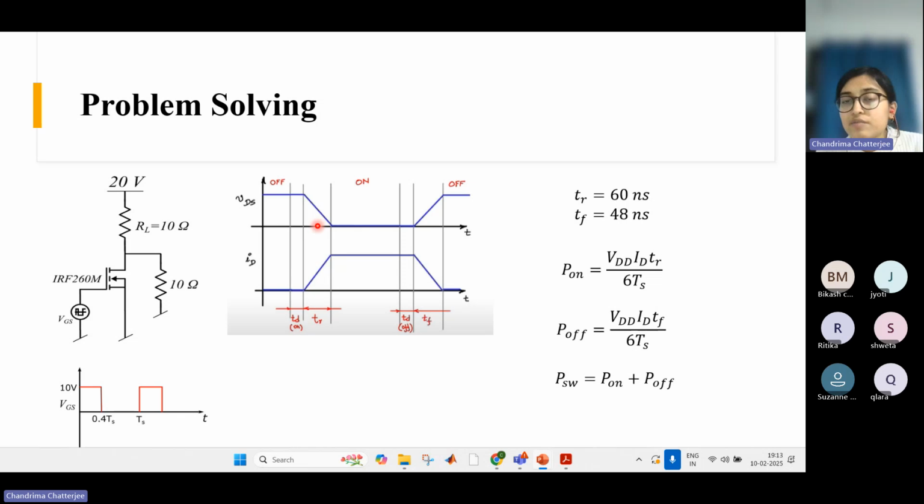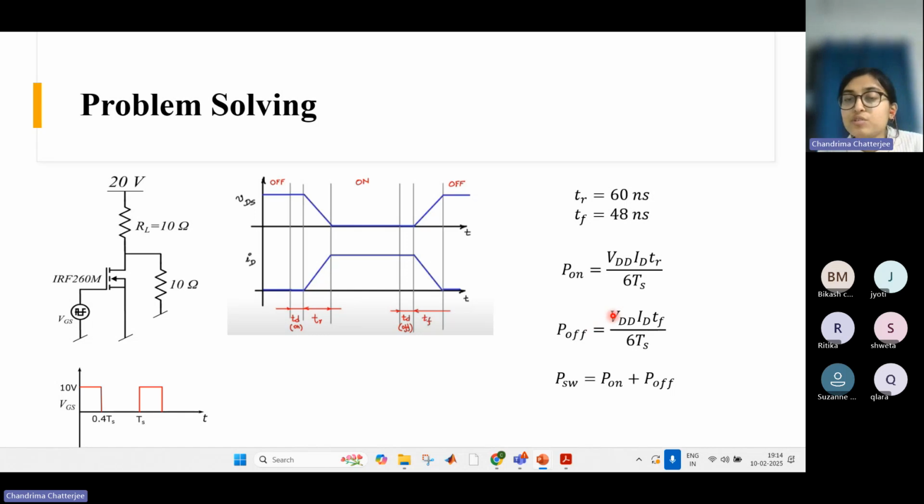Okay, and from there you will get this formula. I have shown it in the last week's video, and you can ask if you don't understand. I will show again. So this is the turn on loss, this is the turn off loss, and switching loss is the summation of turn on loss and turn off loss. Okay, so the summation of these two.